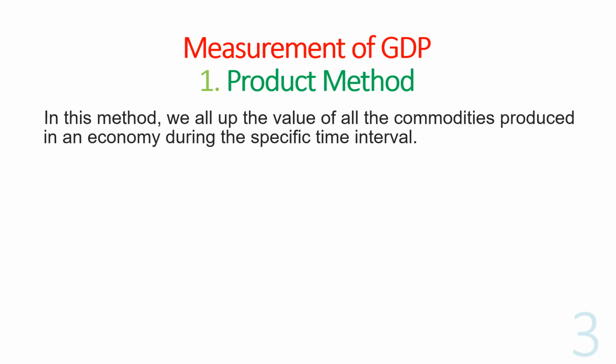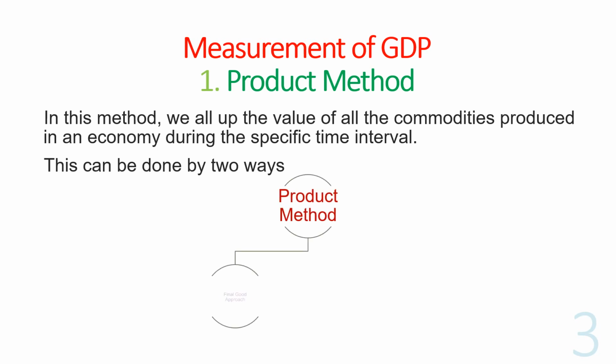We use the commonly known definition of GDP, that is, it is the market value of all the goods and services produced in an economy during a given period of time. The GDP in product method can be measured in two ways. First is final good approach and second is value added approach.